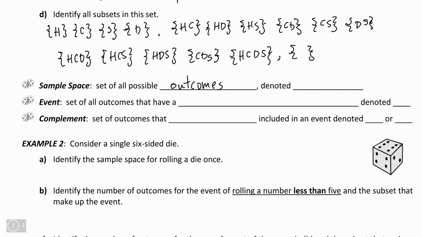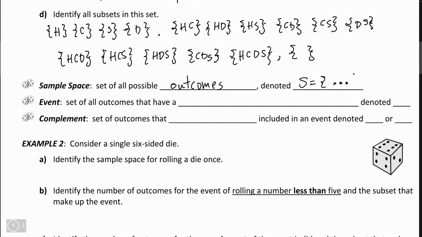Our classroom is just a subset of that sample space. I'm going to denote this as S equals, bracket, and I'll put a dot dot dot. The sample space itself is a set, so you can use set notation.